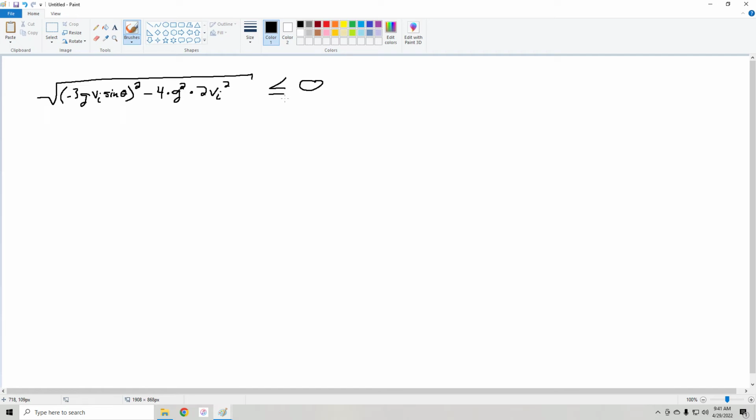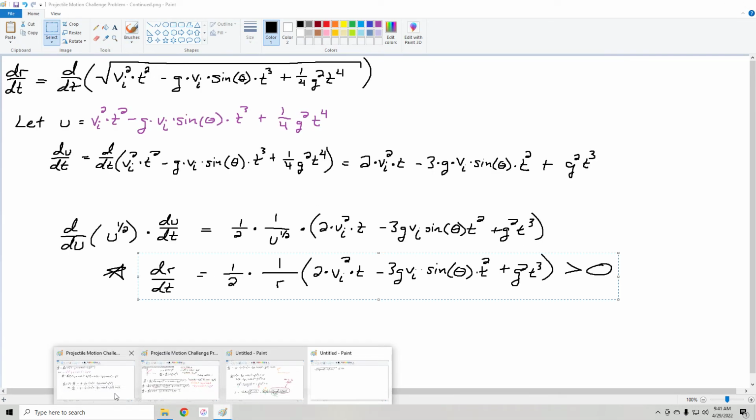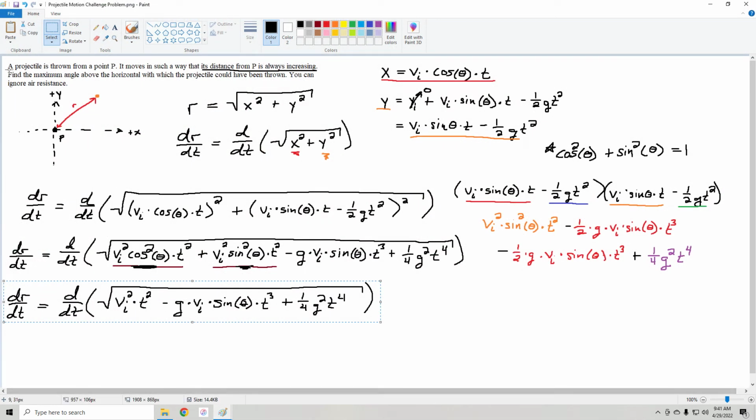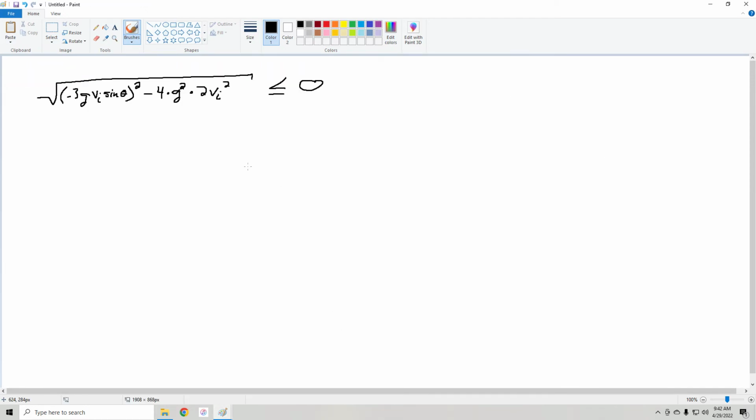Because what was the problem even asking for? In the first slide, it said find the maximum angle above the horizontal with which this projectile could have been thrown. We're going to have multiple angles, but we need to find the largest one. So from this expression here, let's solve for theta.